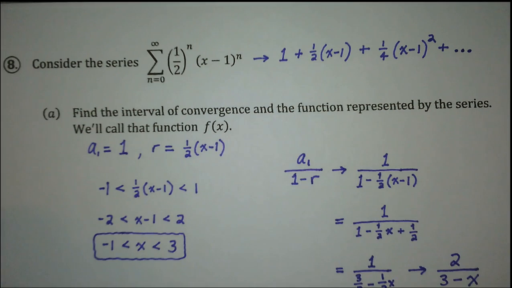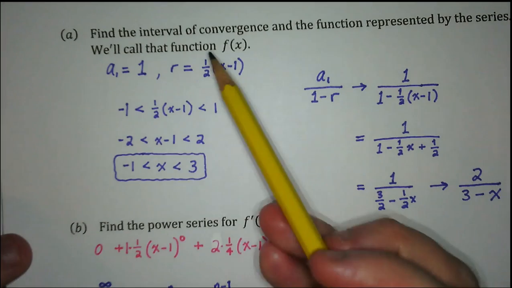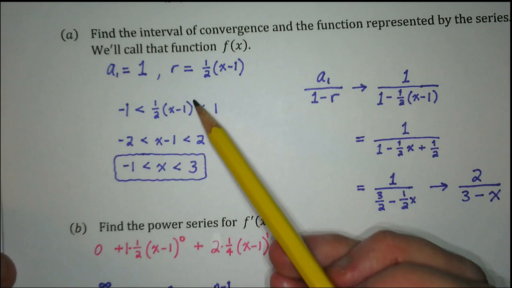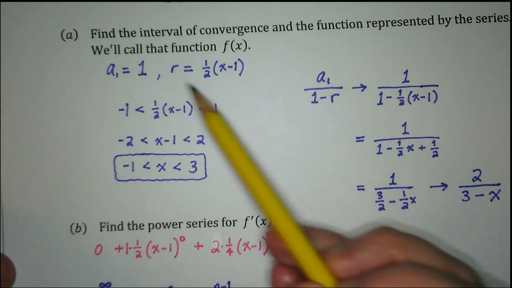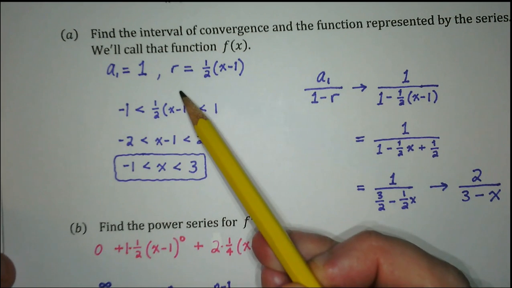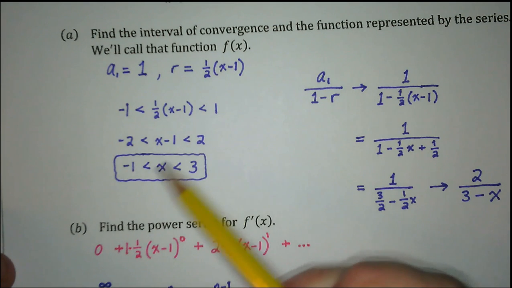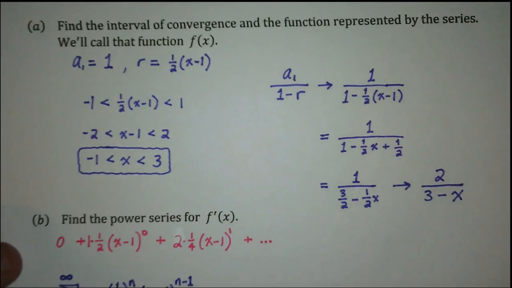So that's why you can find your interval of convergence this way, because this is r. And so this ends up being our interval of convergence.